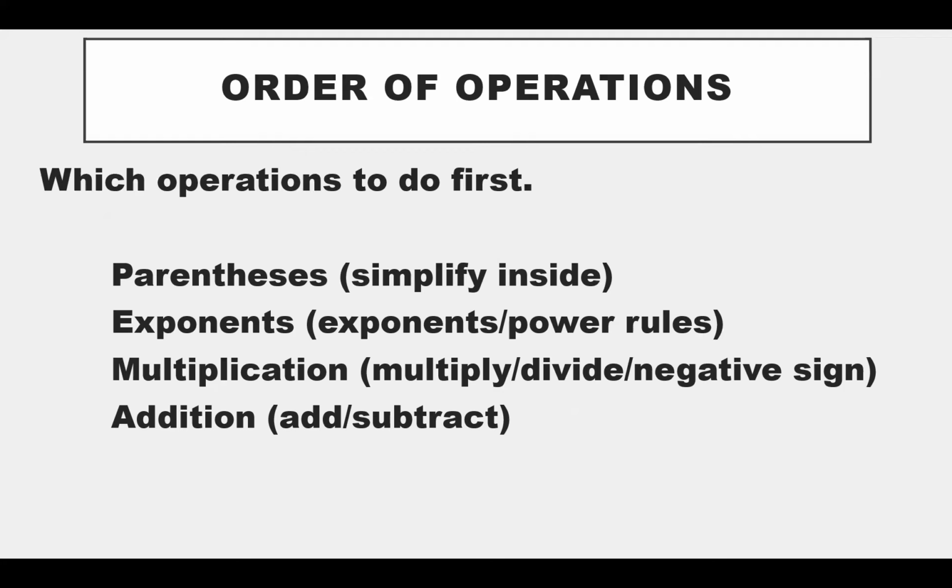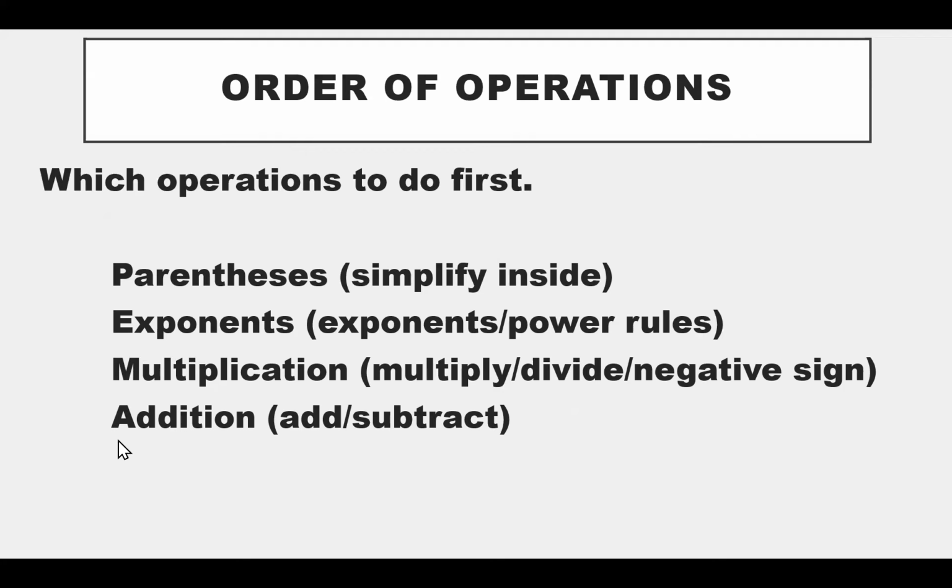Third on the list is multiplication. Once again, multiplication is a stand-in for different operations. We can multiply, divide, and apply negative signs. Those are all in this category that we call multiplication in our order of operations.